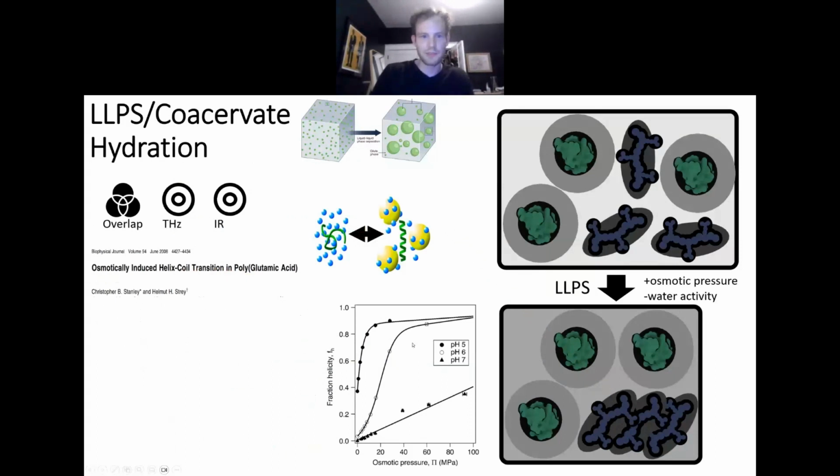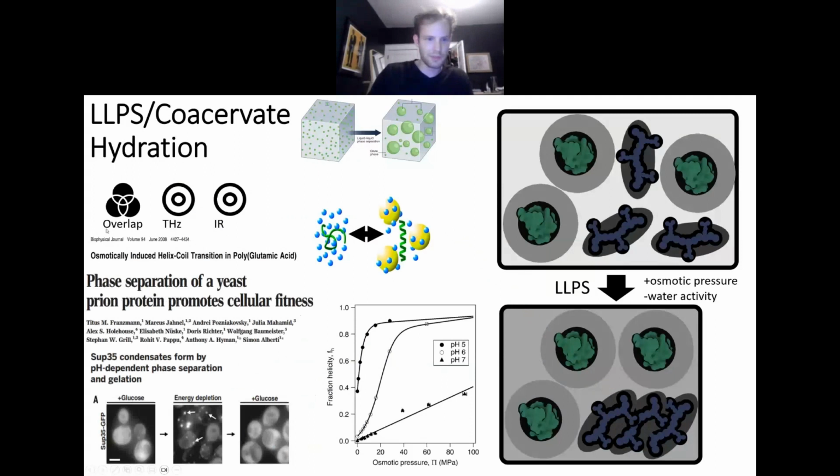And this aligns really nicely with this 2017 Science paper by Alberti's group, where they find that the phase separation of a yeast prion protein promotes cellular fitness. So they look at this prion protein SUP35, and when they starve and energy deplete these cells, they actually decrease their pH to like 6, and they find that they get stress granules to form.